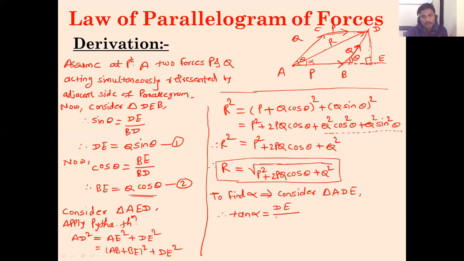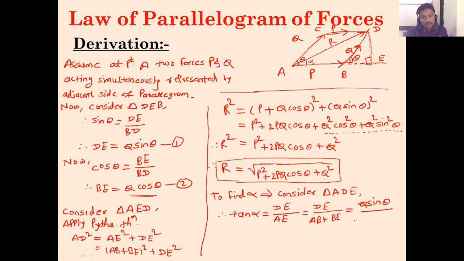AE, which is AB plus BE. DE we calculated in equation 1: Q sin theta.